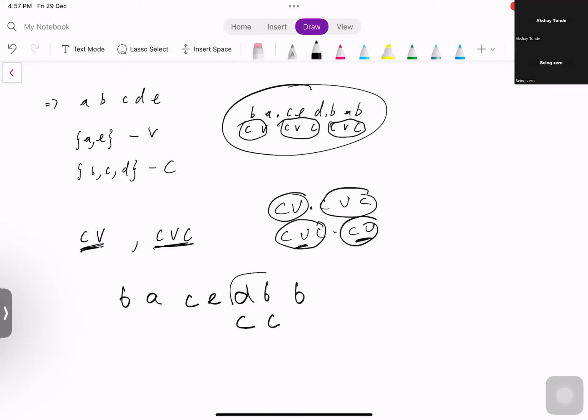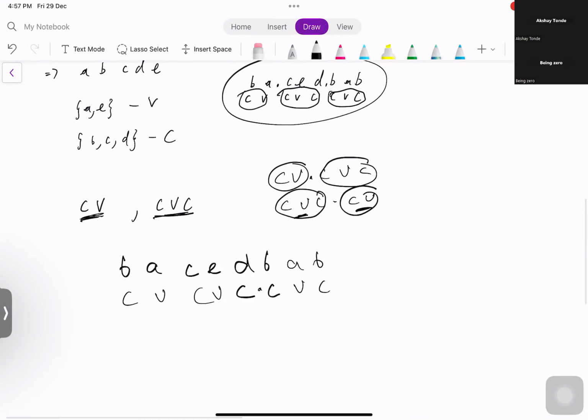We cannot include both of them in the same syllable ever, so we always have to put a dot in between, no matter what. So we divide the entire string based on consecutive consonants. That's the first step.